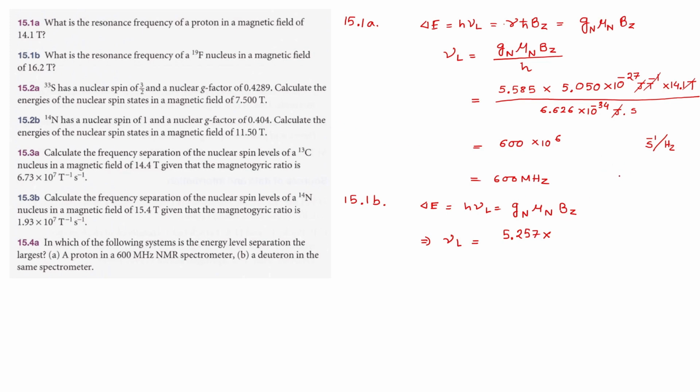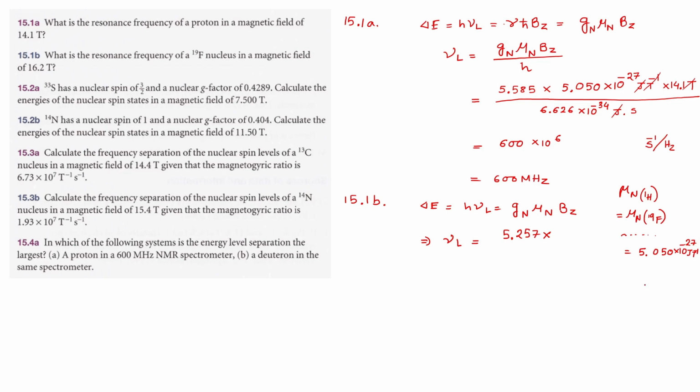So the nuclear magneton for proton, or for 19F or 13C, all is same, that is 5.050 into 10 to the power minus 27 joule Tesla inverse.